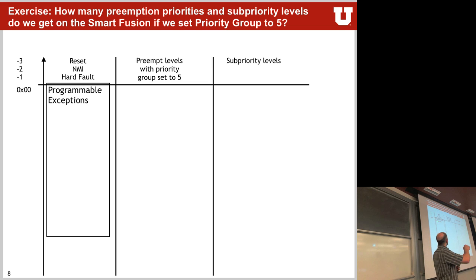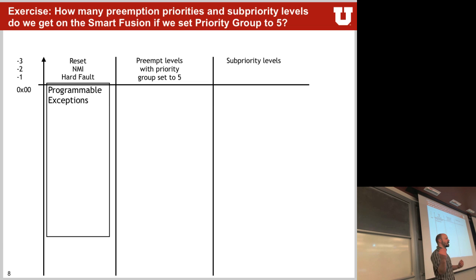So how does it work? We have 3 interrupts up here that have priority -3, -2, -1. That's the reset vector, NMI, and hard fault. Reset vector has -3 because there's nothing higher than this. You cannot stop the system from resetting. NMI stands for non-maskable interrupt. It's another one of these interrupts that you can't turn off.